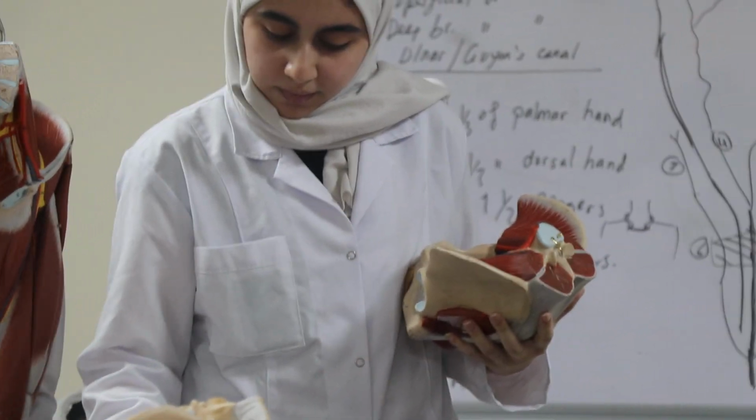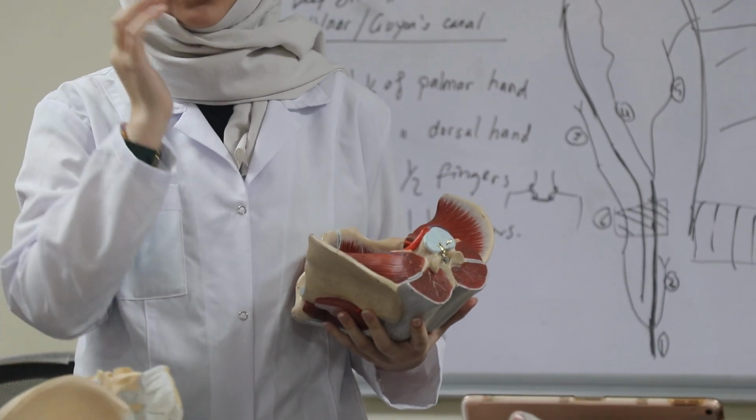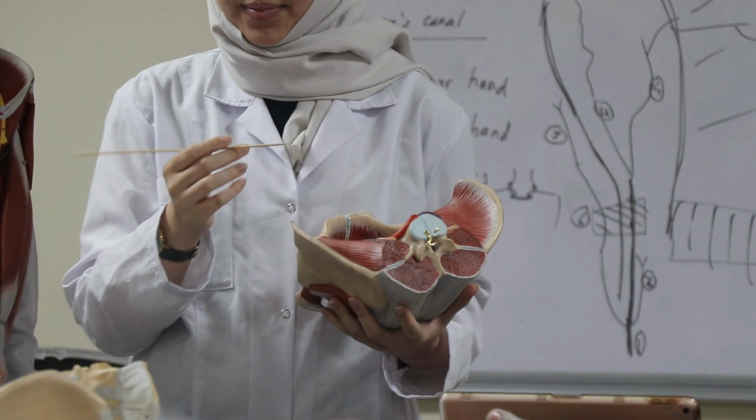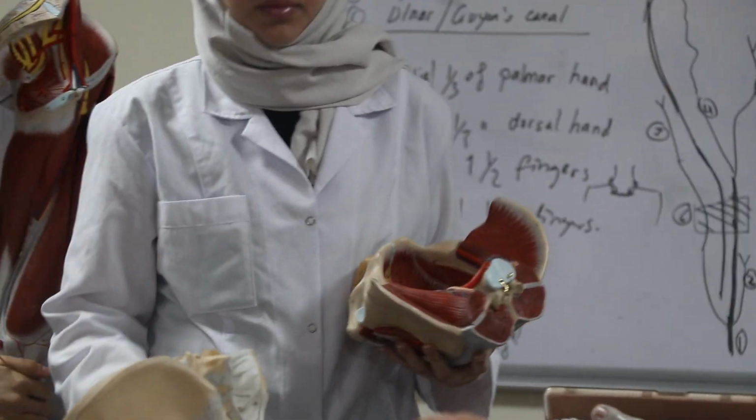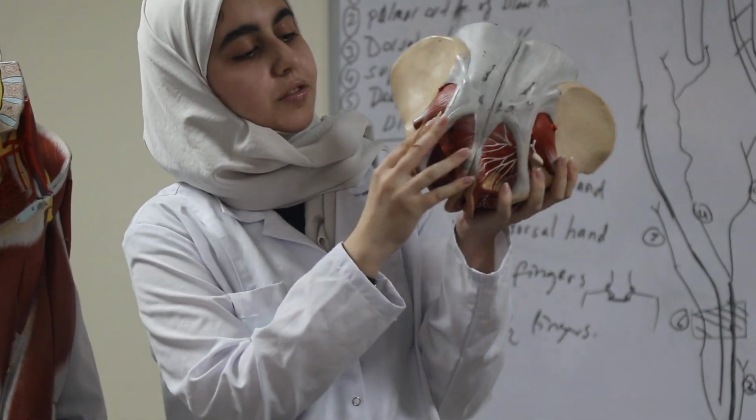Yeah, S4. So the sacral plexus is formed by S1, S2, S3, S4. How about S5? No. Okay, S5 is not part of the sacral plexus. Good. And all of them pass through the greater sciatic foramen.